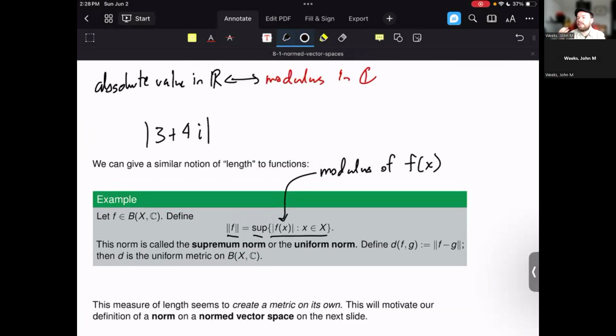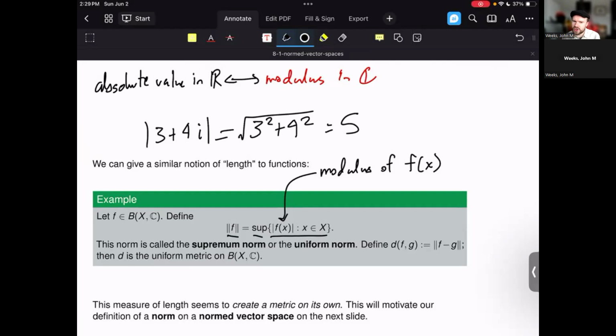So for example, if you plugged in a value to a function and you got 3 plus 4i, then this set would actually be a set of real numbers, which are the moduli of these numbers. The absolute value of 3 plus 4i, the square root of 3 squared plus 4 squared, gives us 5, the modulus of this number inside of the complex numbers.